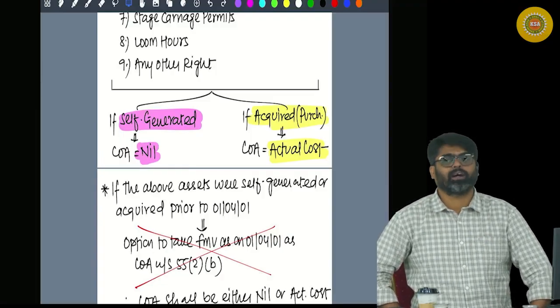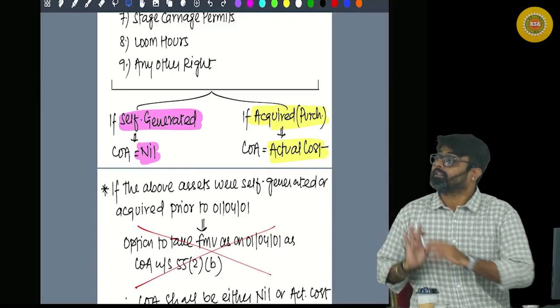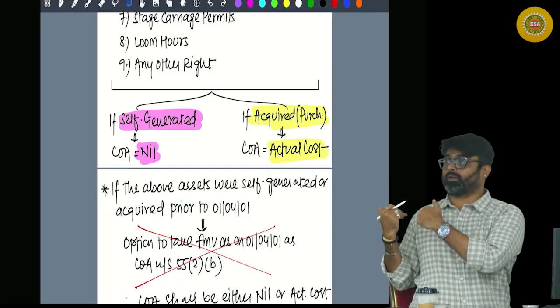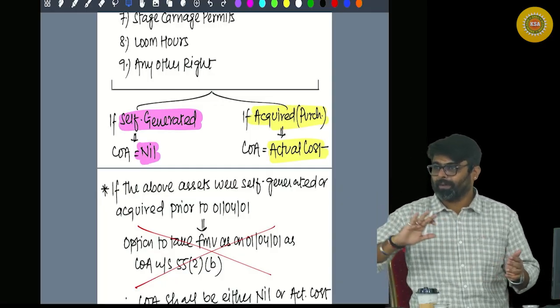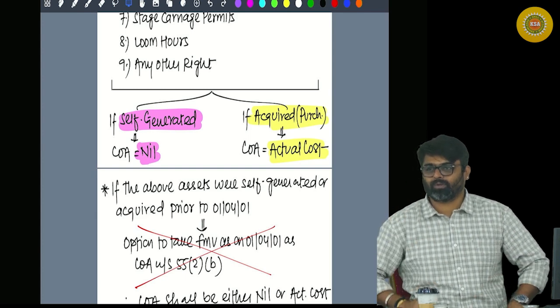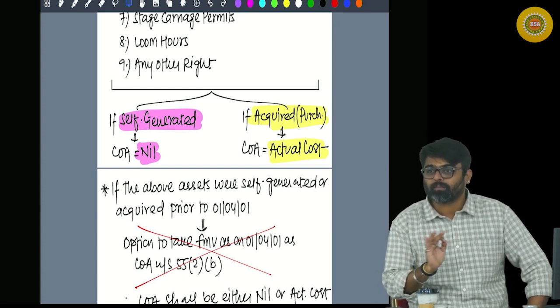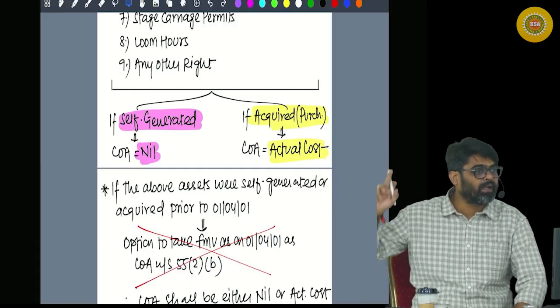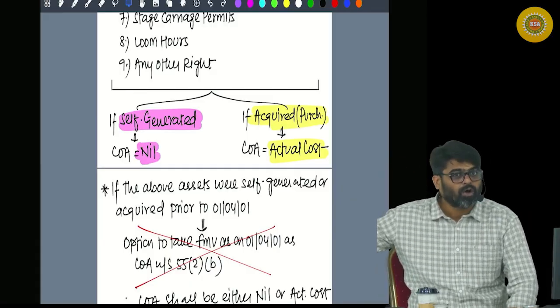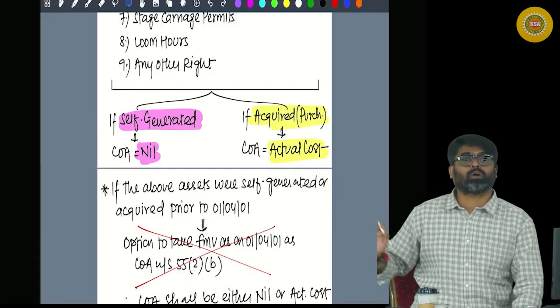Whether these assets are self-generated or acquired on or after 1st April 2001 or prior to 1st April 2001 will not make any difference. The cost will be either nil or it will be actual cost.